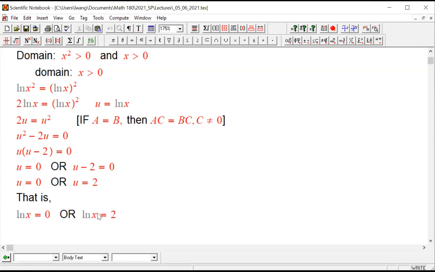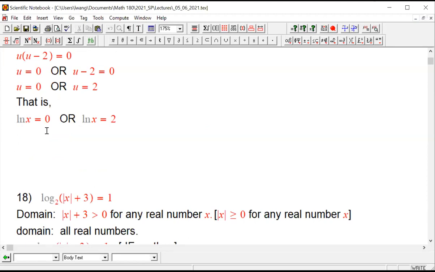So what are the solutions when ln x is equal to 0? What input for ln will cause the output to equal 0? 1, right? ln 1 equals 0, right?